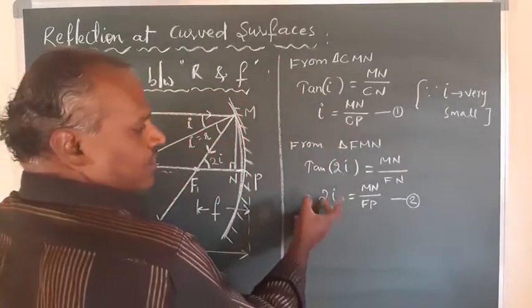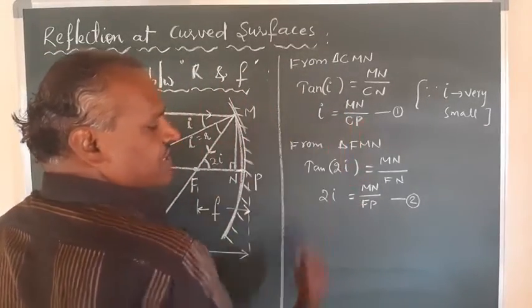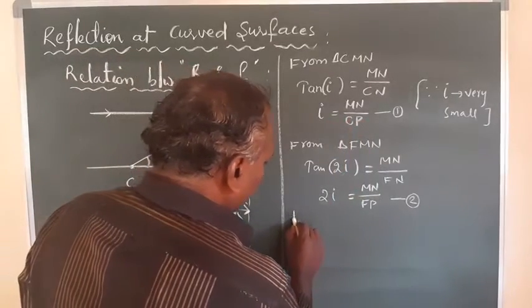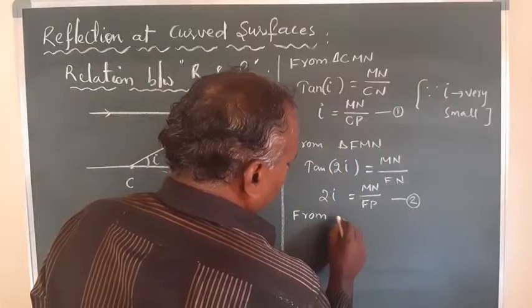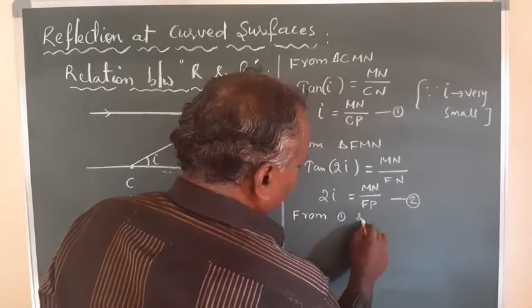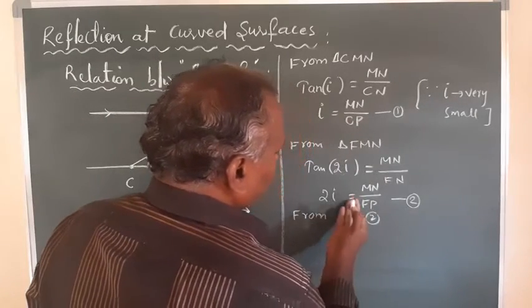Now make the ratio of the first and second equations. From equations 1 and 2, I can write equation 2 by equation 1.